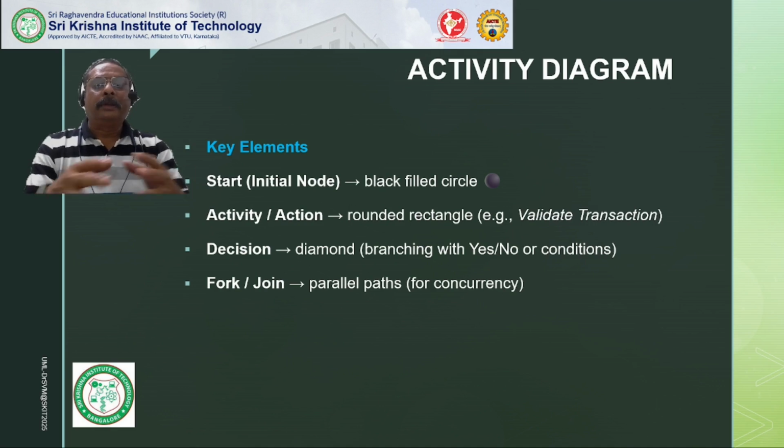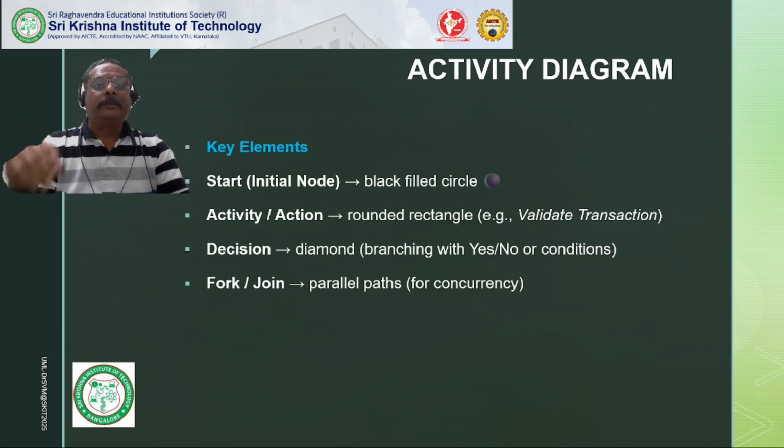Then if we want to run some of the activities in parallel, if they don't depend upon one another, that means the output of one action is not input to another action, then these two actions can be independently run, parallelly run. So when you want to run them in parallel, we can use a fork element to have multiple paths.